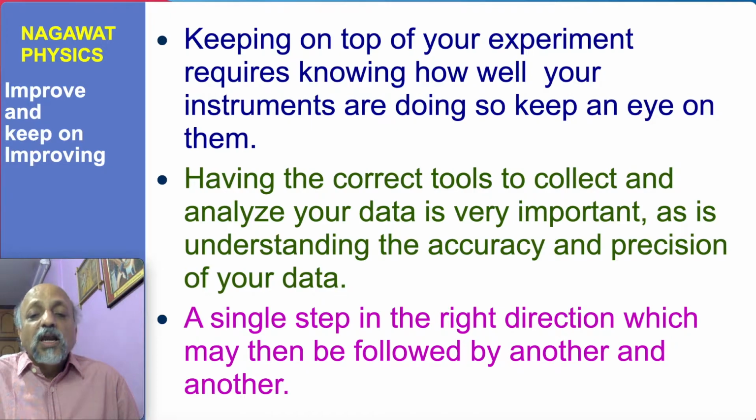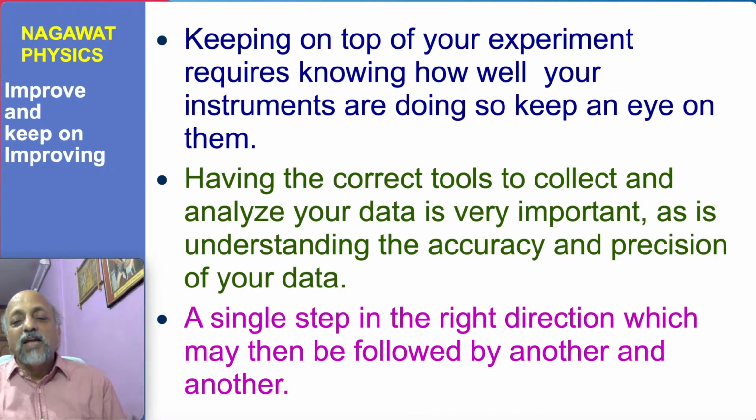statistically. A single step in the right direction is the first move, then the second move and the third move and so on. So what we do in physics or science, for improving or keep on improving the experimental measure, is we first take a single step in the right direction, which is then followed by another single step in the right direction, and which then will be followed by another single step in the right direction.